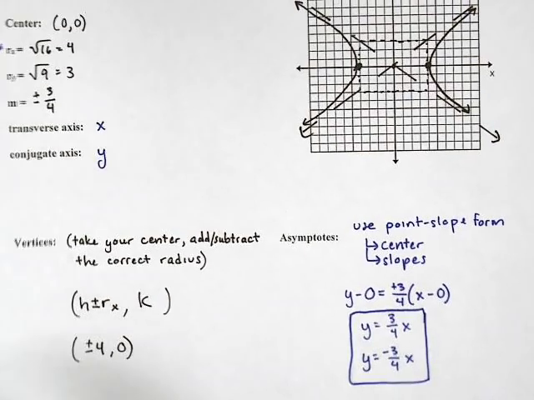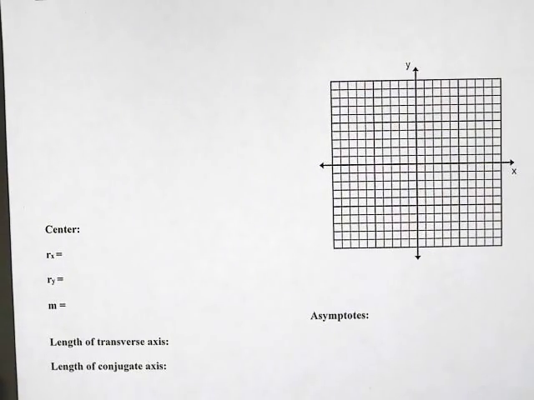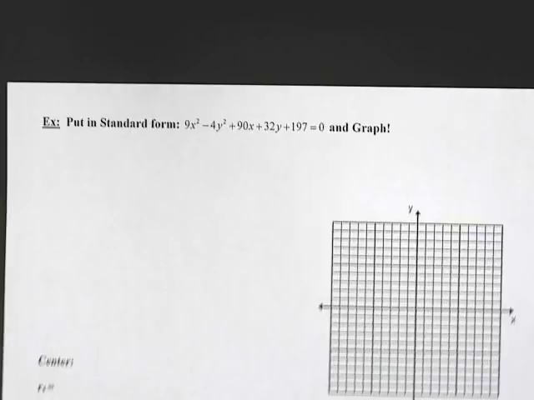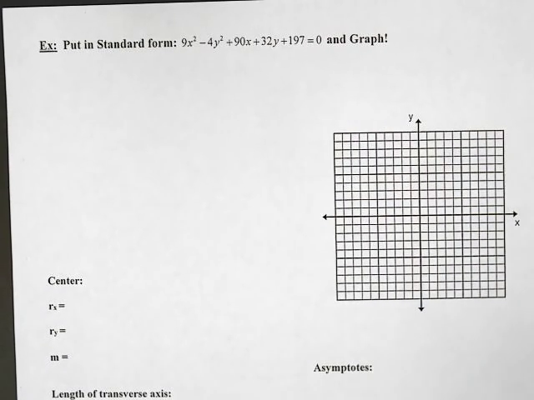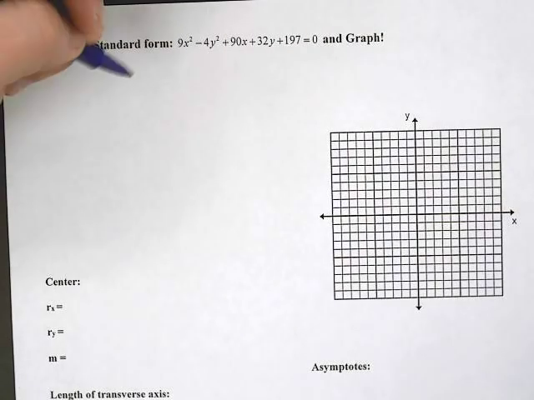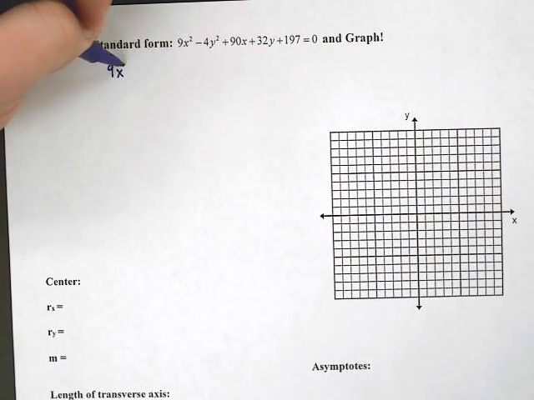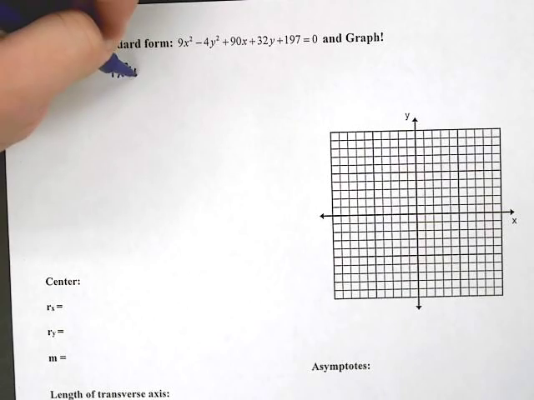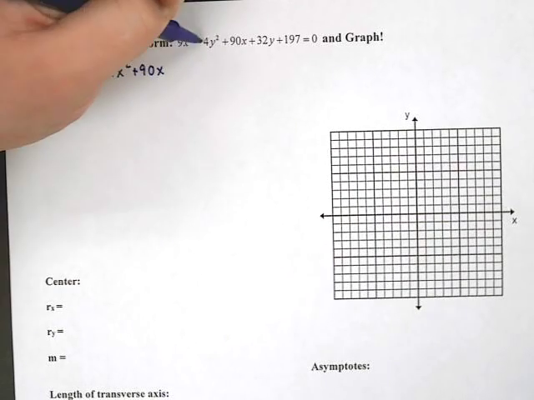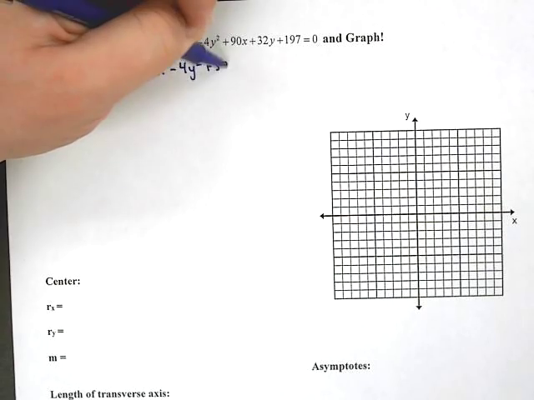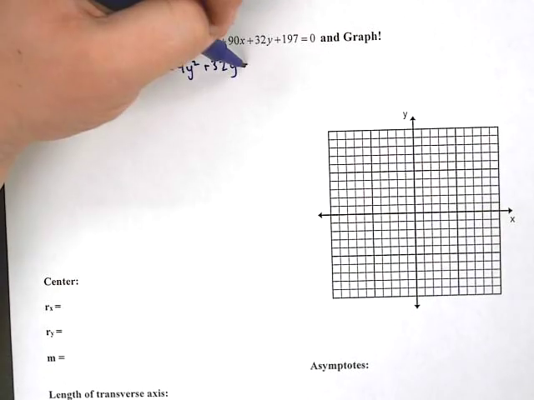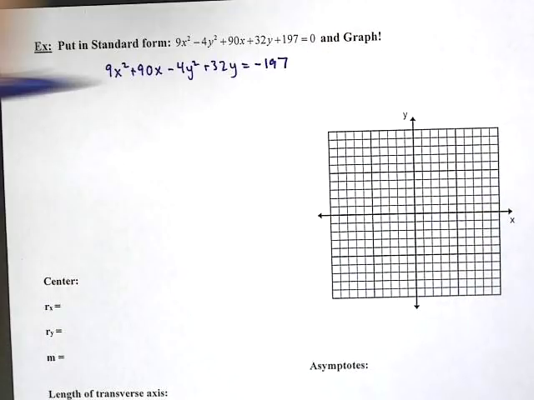All right, let's bring this home. Last page, almost there. So we have general form. Let's put this in standard form, so this is completing the square. Hopefully we're getting pretty good at this. I know I'm going to have 9x squared plus 90x minus 4y squared plus 32y, and then that's going to equal negative 197.